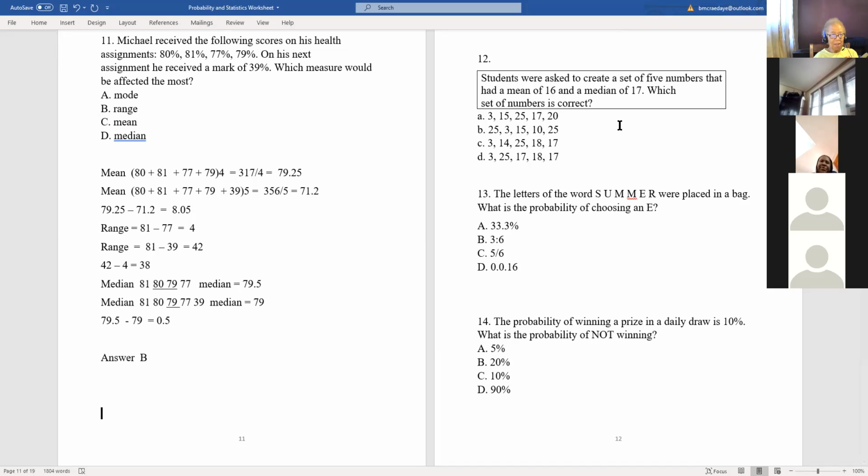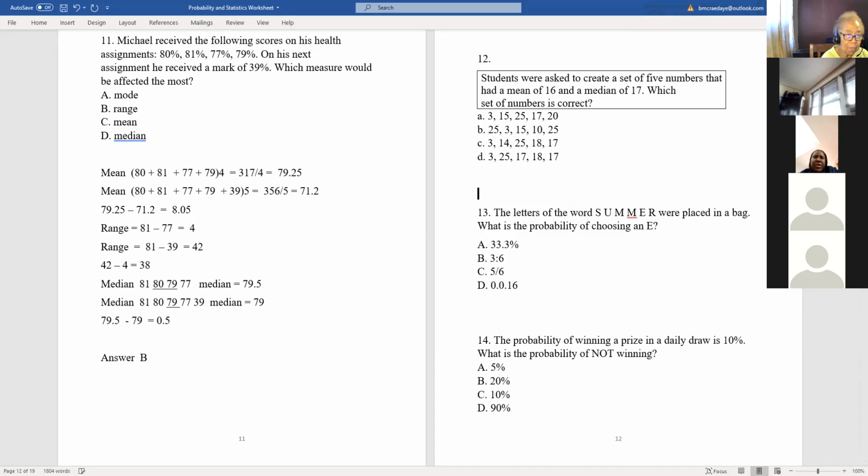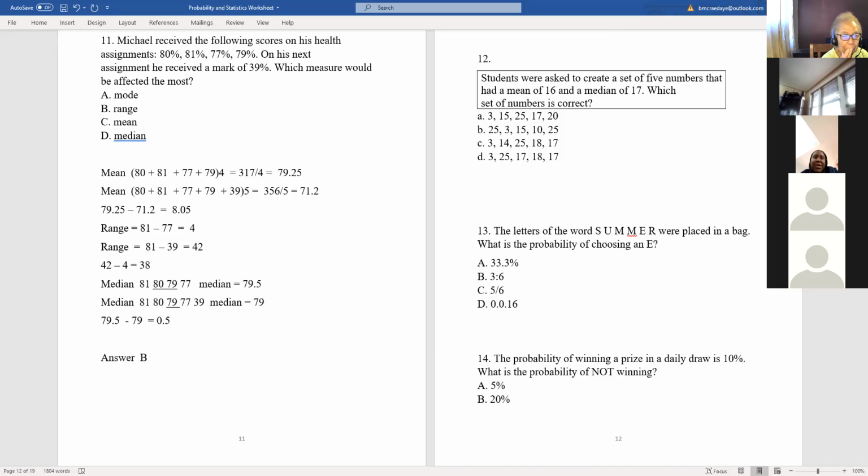Because 17 is in the middle. Okay, what's the mean? How did you determine the mean of D, Michelle? I just said 16 and 17 in the middle, so I know it's D. It looks like it's D. I'm confident it's D. So how did you calculate it?